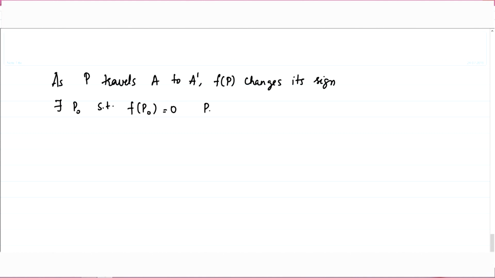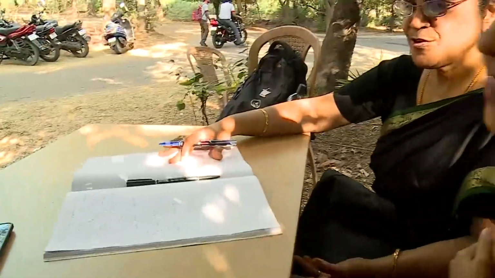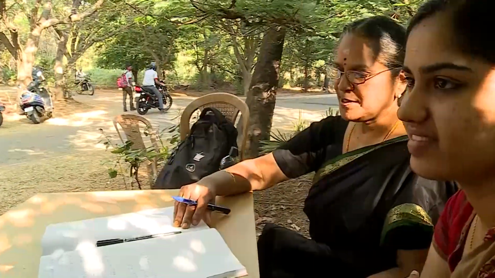And this P naught lies between A and A prime. So, the temperature at P and the temperature at P dash will be equal. So, from this we see that because of the intermediate value property, on any great circle there exists a pair of diametrically opposite points which have the same temperature at the same instant of time. It's a nice application and nice use of intermediate value property, right?